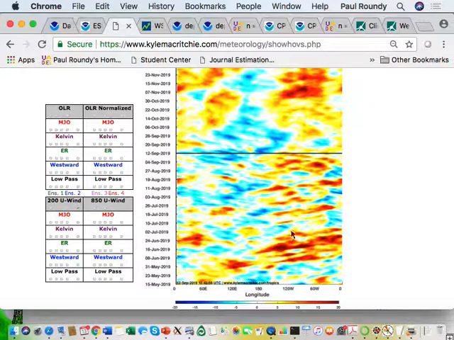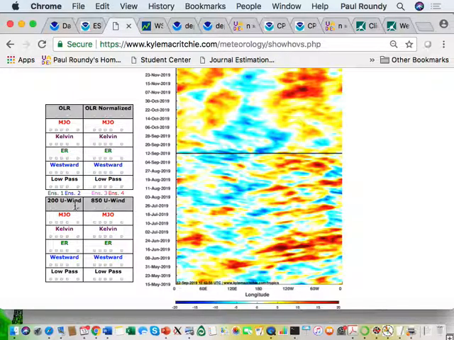So we get the overall picture of what's going on here, but there's a little bit of a change in the signal right here. This region of easterlies right here is associated with ridges coming into the equator. And that advances eastward. This is taking on the characteristics of an MJO event, a Madden-Julian oscillation event.